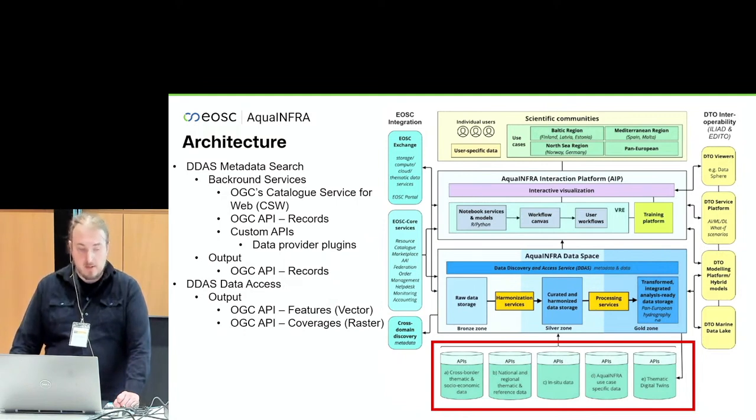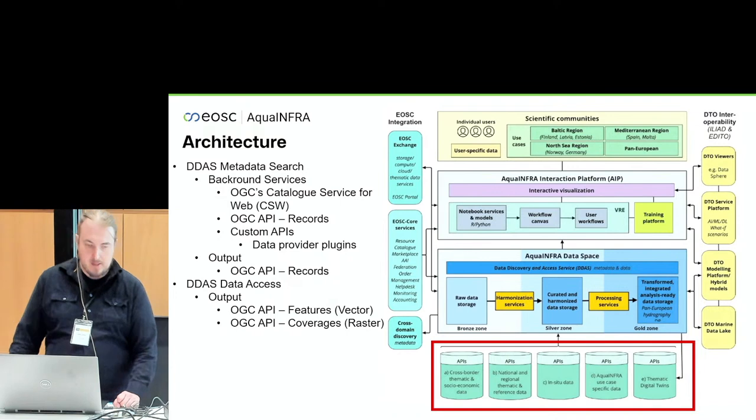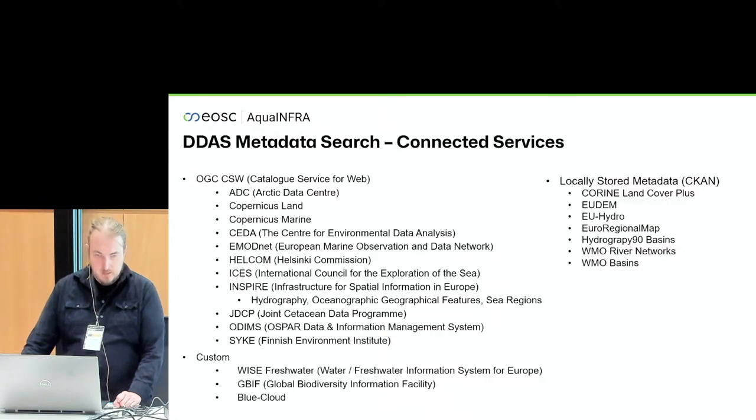And for that we have to write custom data provider plugins. And then the output of this metadata search is the OGC API Records interface. And then for the data access part, we provide the OGC API Features and OGC API Coverages interfaces.